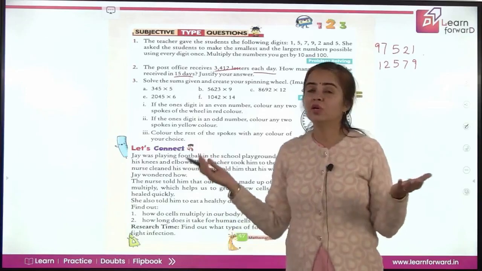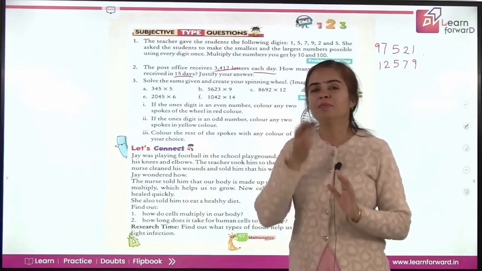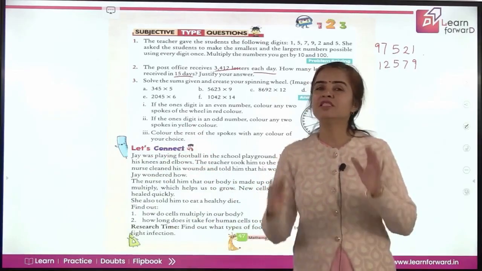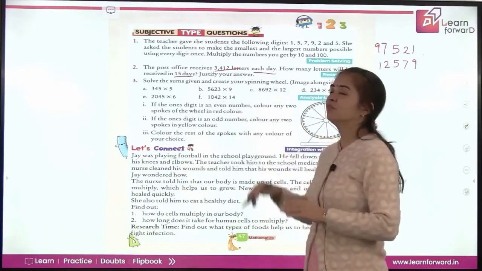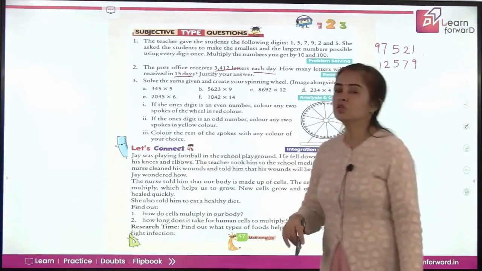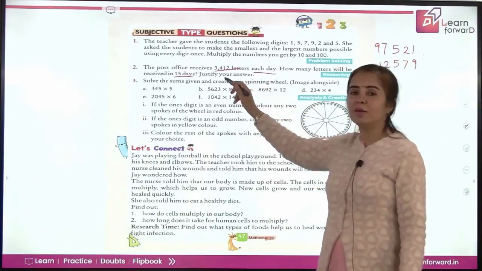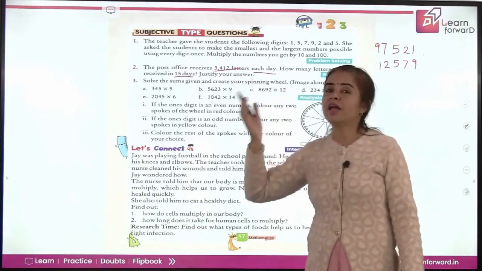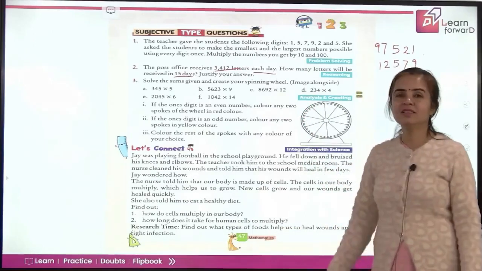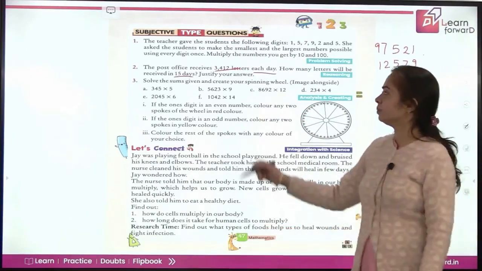So, to find the total number, what will you do? Plus, how many times? 15 times, which means 15 times 3412, which will give you the answer faster. So, you will have to write the number lesser times. You will not have to add so many numbers. Just multiply and get your answer. So, this is the justification.